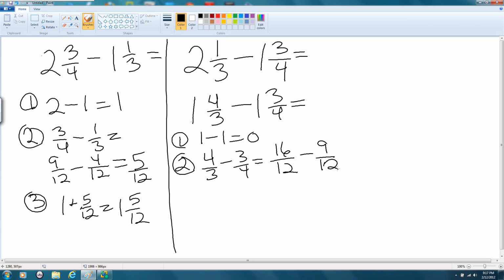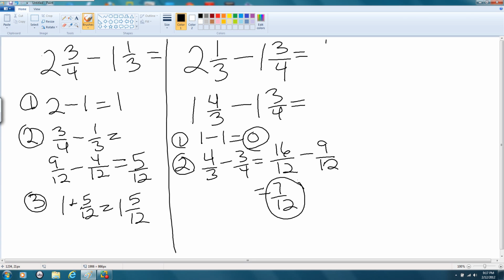And 16 minus 9 is 7, and we end up with 7/12. And since we had 0 up here, we're going to add that 7/12. So our final answer is going to be 7/12.